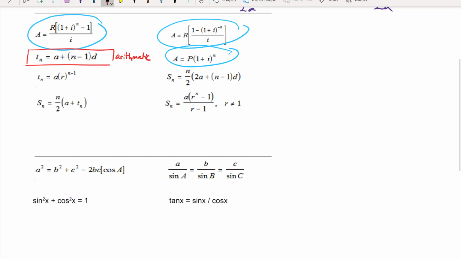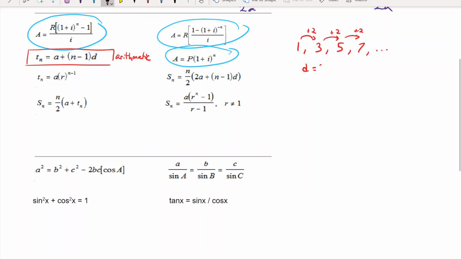right? The arithmetic sequence, this is just going to tell us what Tn is. So if you have an arithmetic sequence, that means you have numbers that are going up by the same difference each time, right? So in this case, we're going up by 2. So that means I have a d value of 2.